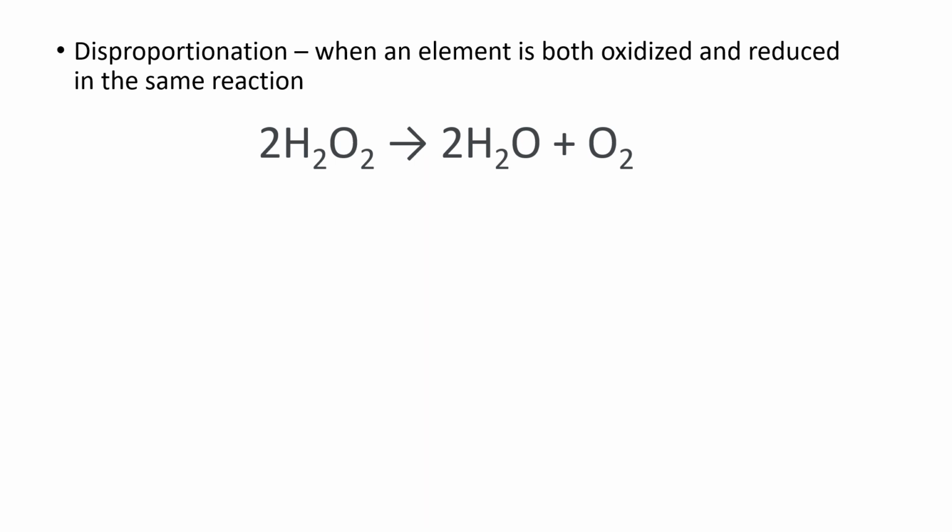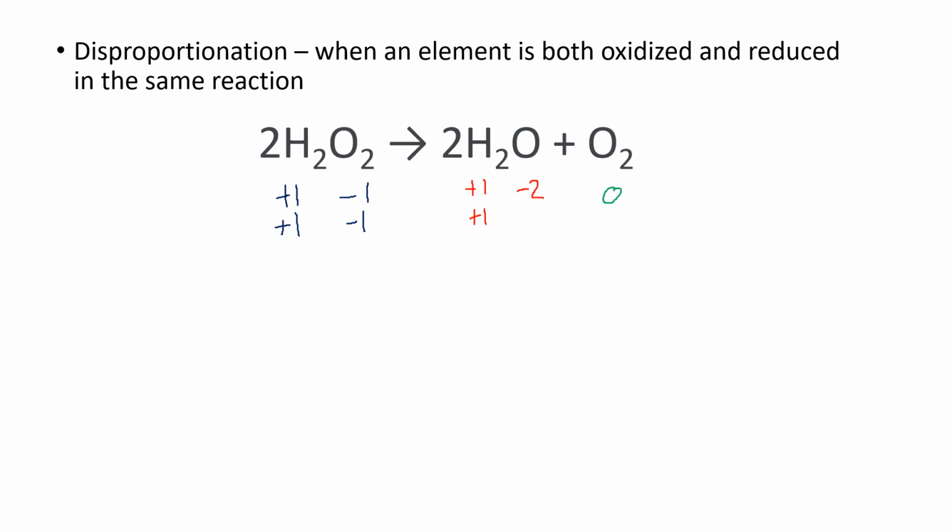Here you've got hydrogen peroxide, which is one of the weird ones where oxygen is actually -1 and the hydrogen is +1. And then it goes to water where the hydrogen is still +1 but the oxygen is -2. But then it also produces oxygen where the oxygen is 0.